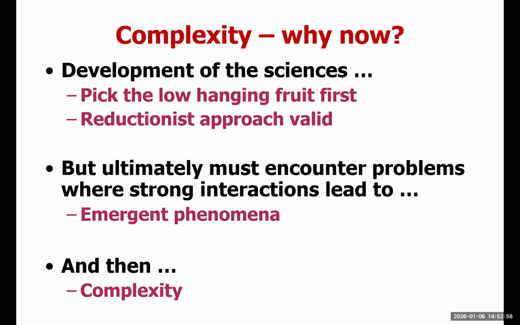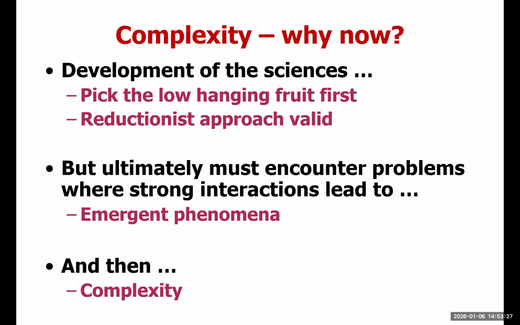So why do we study complex systems now in the 21st century? Well, in the development of the sciences, you pick the low-hanging fruit first. So the easy stuff was done by Newton, and Lagrange, and Hamilton, and so on and so forth, and Schrödinger. And for those things, the reductionist approach is valid. You can just say, well, stuff is just made of particles. If we're going to understand anything, we should understand what happens when I throw a ball. If I understand what happens when I throw a ball, I understand why the moon goes around the Earth, or why the Earth goes around the sun, and so on and so forth.